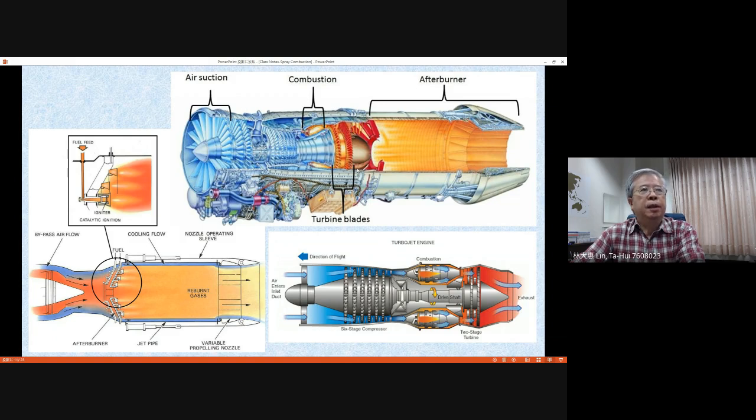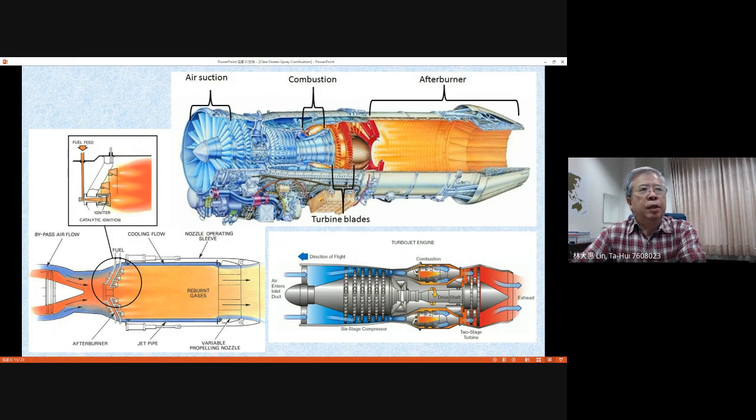The upper figure shows the main components of a gas turbine for aircraft. At the front of the whole gas turbine is the fan, used to suck the outer, cool air into the turbine. The air goes through the compressor to increase its pressure, then goes to the combustion chamber.